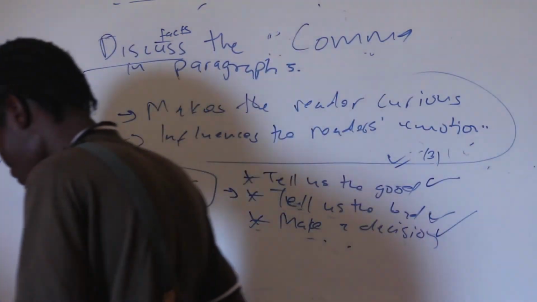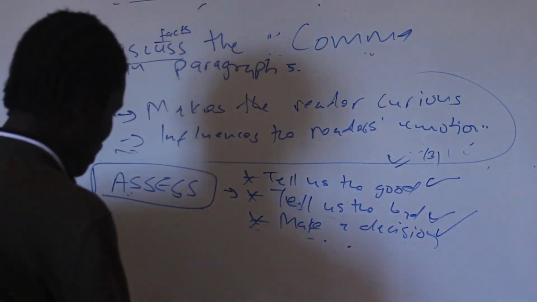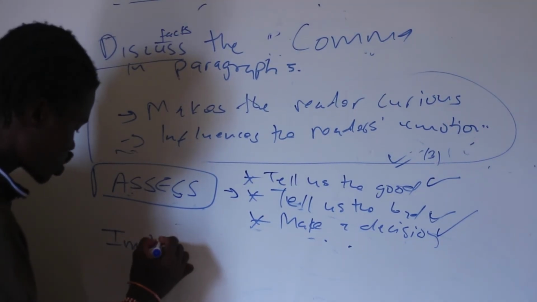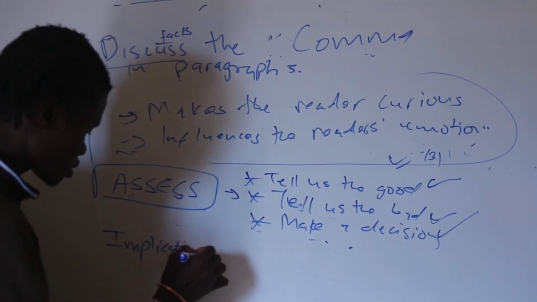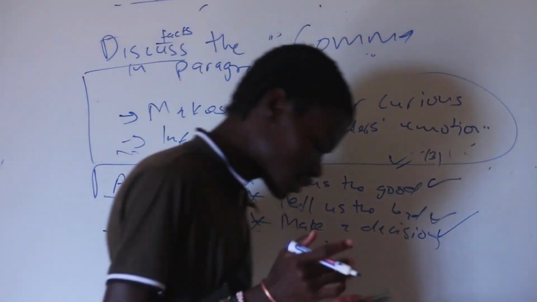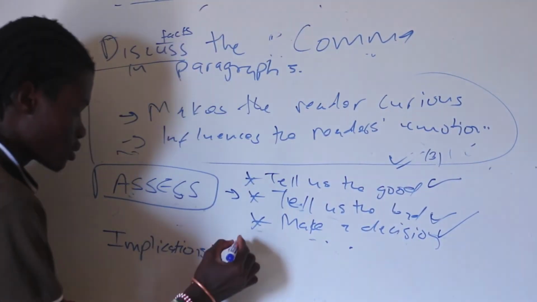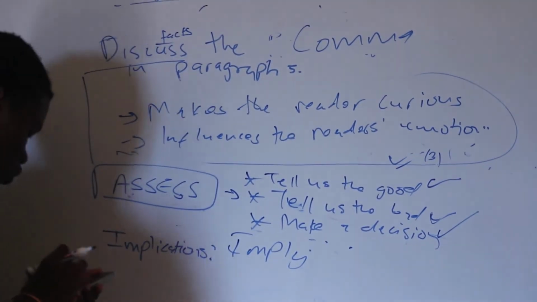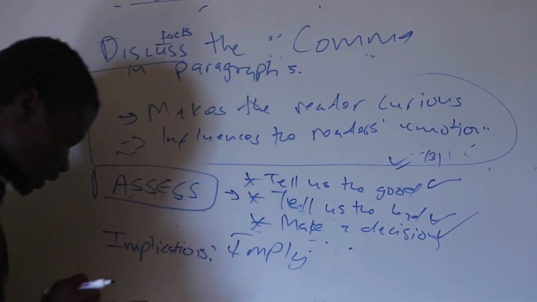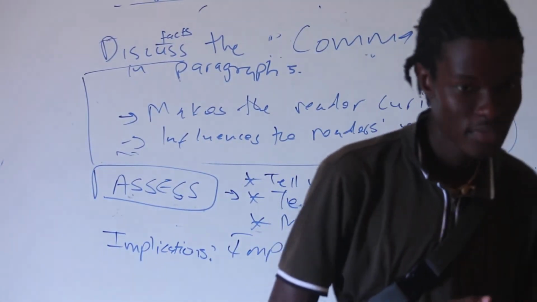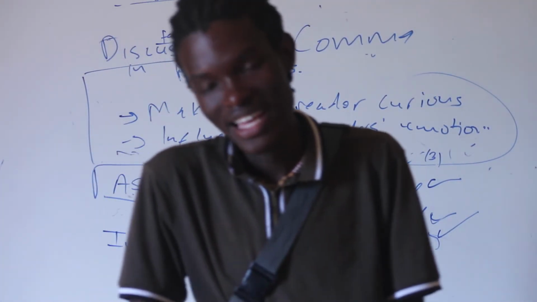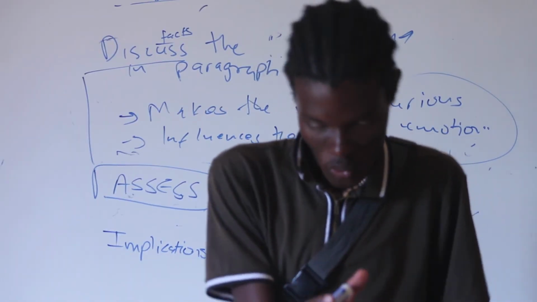Next, we're talking now about implications. Implications, guys, comes from the word imply. What does this guy imply? It just means that you give the literal meaning. It means that I was saying something in another way, and you must try and bring it back into line.